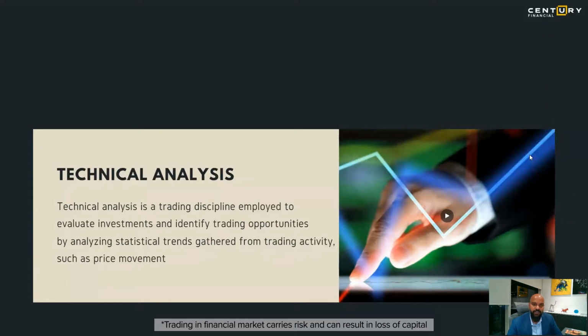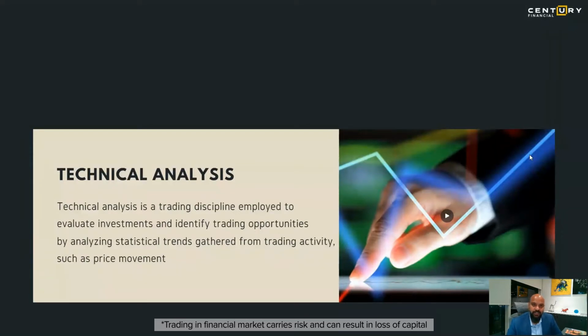Technical analysis is basically the analysis of the price movement that has happened on a particular stock, commodity, index or even a currency. You look at patterns, you identify patterns, you find out where the prices have been in the past, where the prices have gone up and to what extent, or to what extent a particular price has dropped.